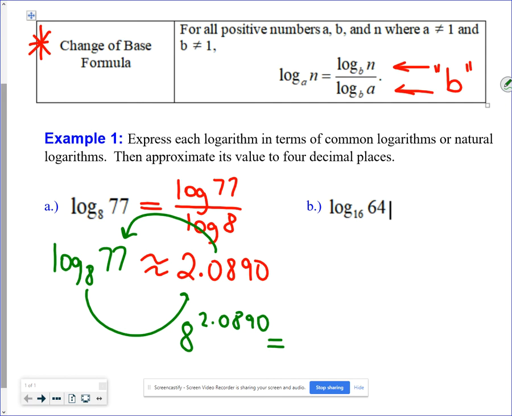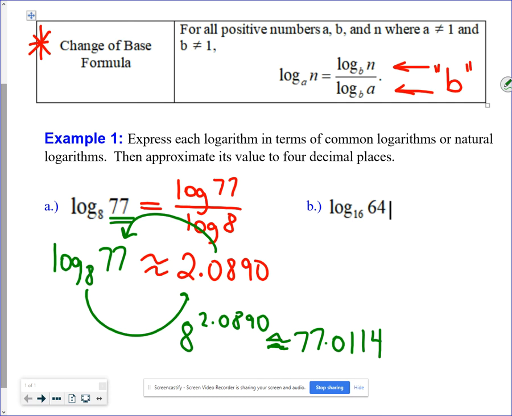So I'm going to plug that in on my calculator. So I'm going to go 8 caret 2.0890 and see what we get. And according to my calculator, it's about 77.0114. Remember, this is just an approximation, so it's close to 77. So that's what log base 8 of 77 is.